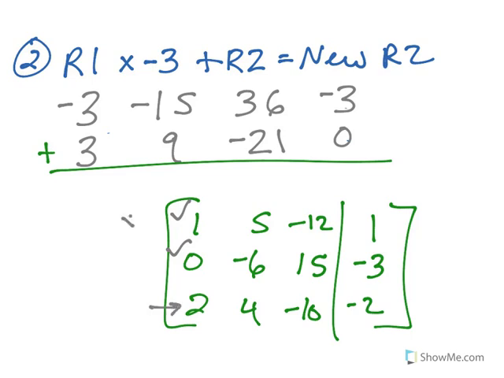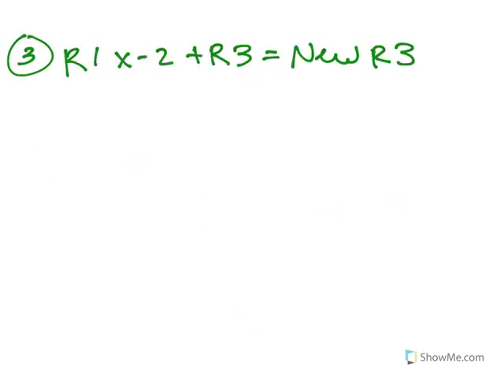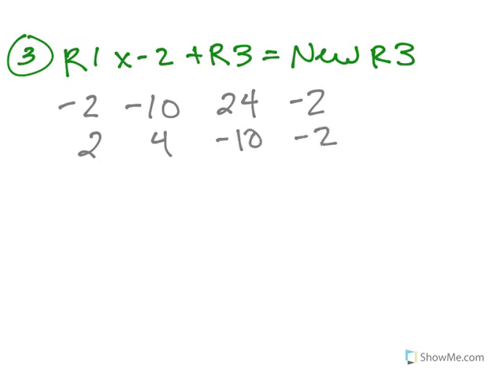So I'm going to take this row 1, multiply by negative 2, then I can add them together. So row 1 times negative 2, we go back to our row 1 and we multiply everything by negative 2. So I get negative 2, negative 10, a positive 24, and a negative 2. My current row 3 is 2, 4, negative 10, negative 2.